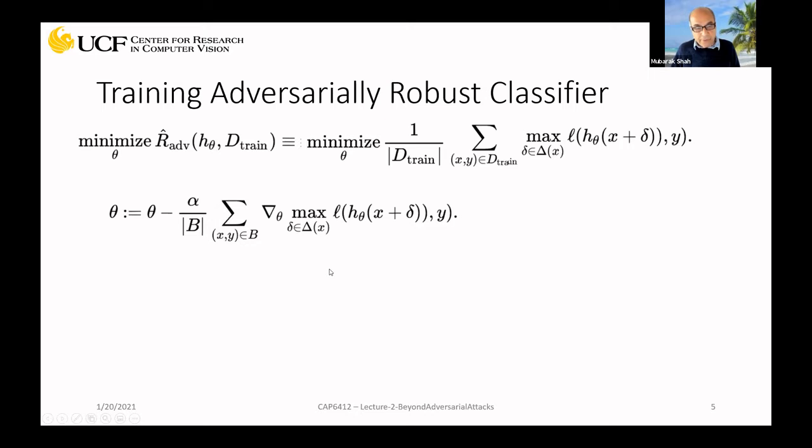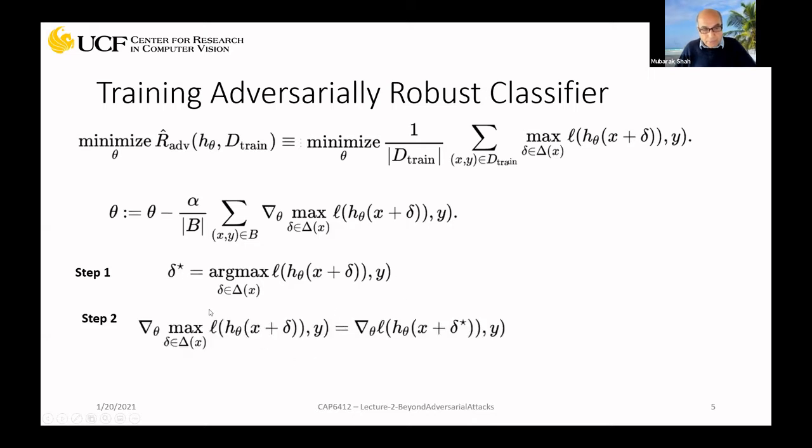Therefore, we will have two steps. The first step is that we want to find out what delta we should add so that this loss is maximum. And in the second step, once we find that delta star for which this maximizes, we will put that delta star here, and then we will find the theta so that this is minimized.